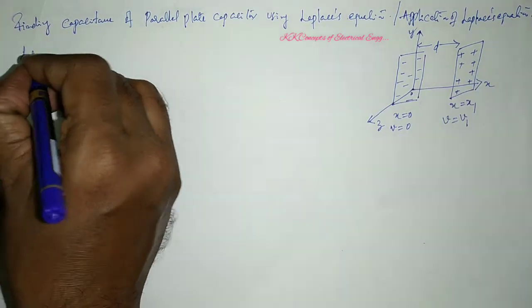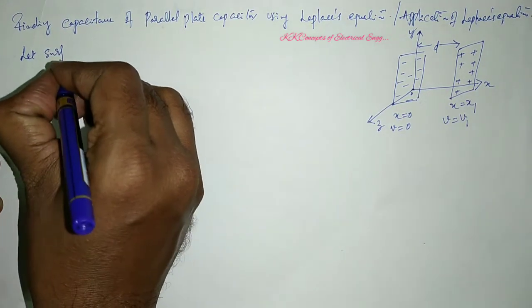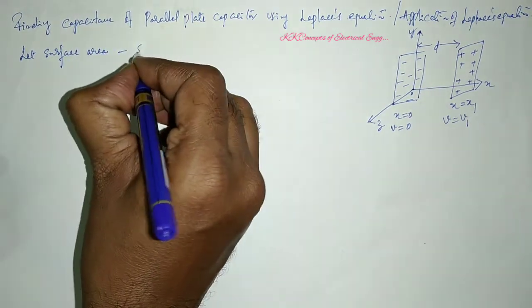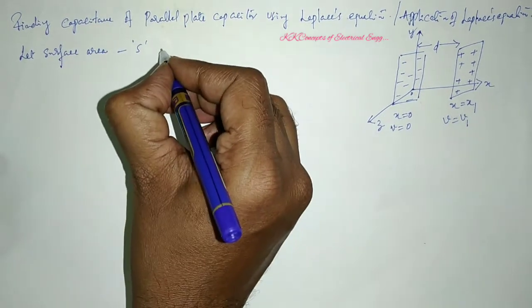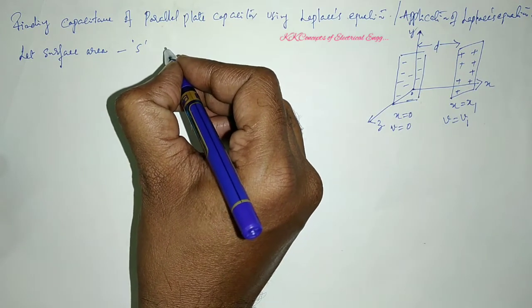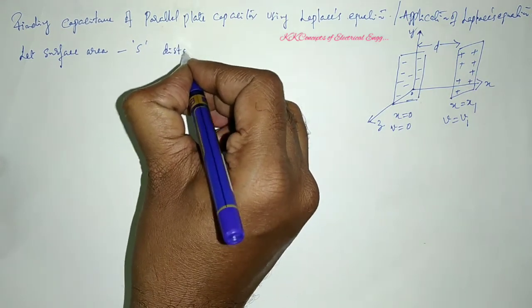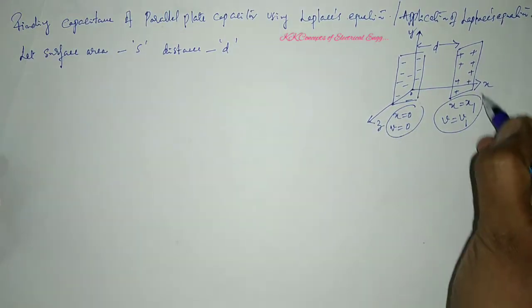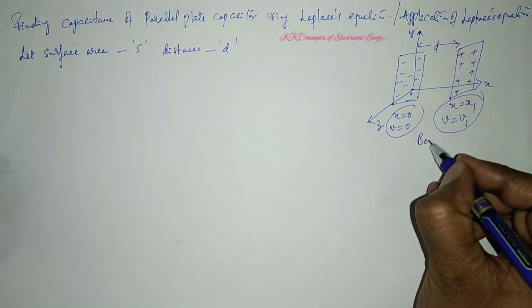Let surface area S and separated by a distance D. These are boundary conditions.